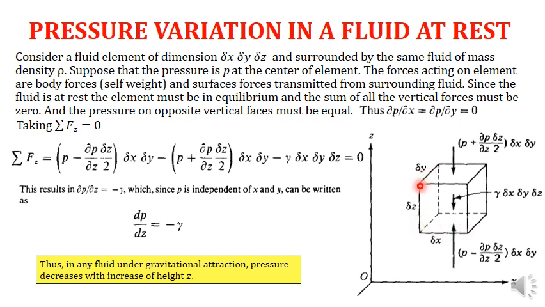And the perpendicular or transverse direction will be delta y, that is, the thickness of the fluid element. We are isolating this fluid element from the complete fluid in this way, and it exerts a pressure from all the directions. So this will be equal, as we concluded from Pascal's law.